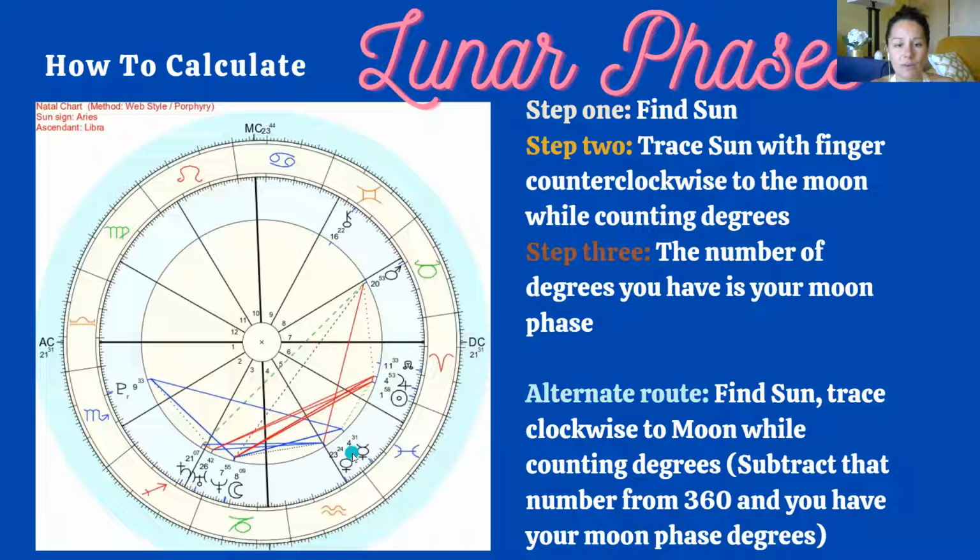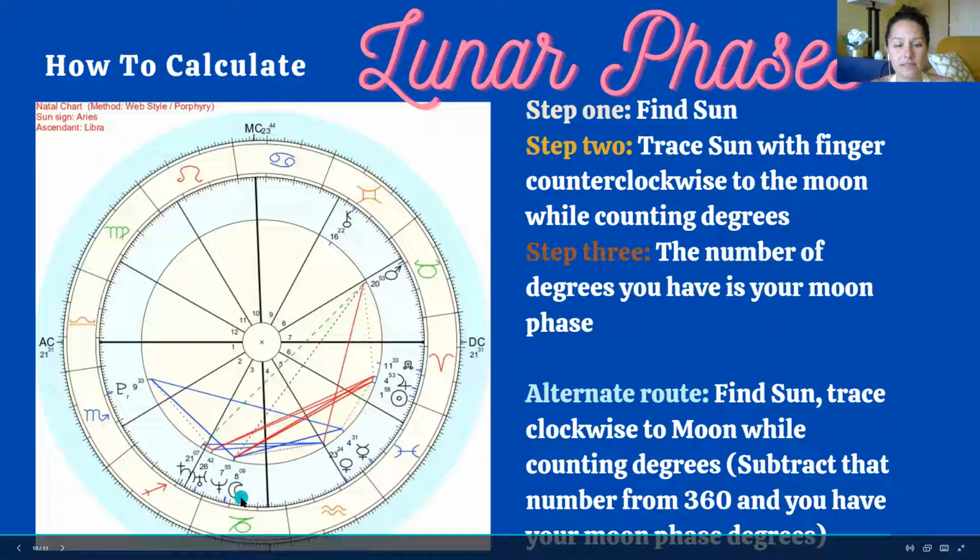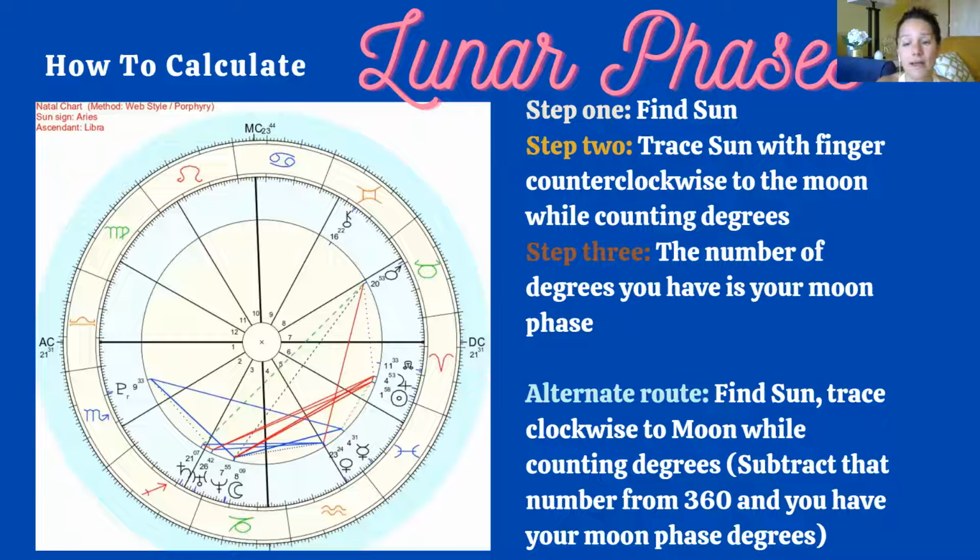So if I went 1 degree Pisces, 1 degree Aquarius, a little more than 1 degree Capricorn, that's 97 degrees apart. I would subtract that from 360 and I would get my degrees. What's 360 minus 97? That would be my amount. And that's just another way to do it.